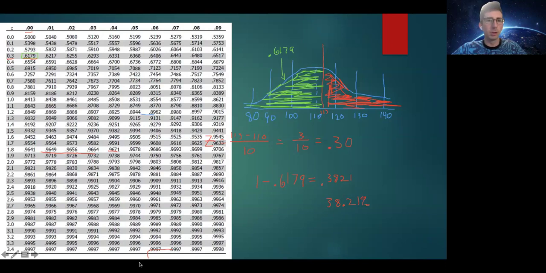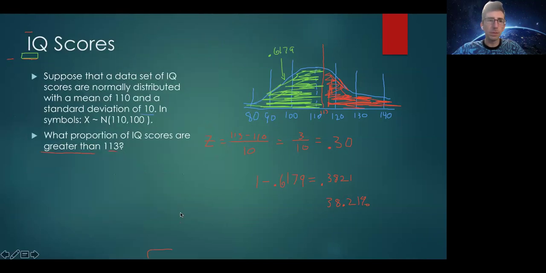Let me just double check that. This should be the proportion of IQ scores greater than 113. If we do 1 minus 0.6179, yep, 0.3821, or 38.21%.